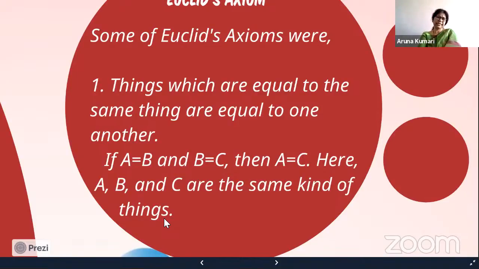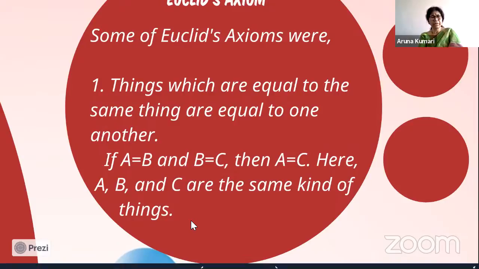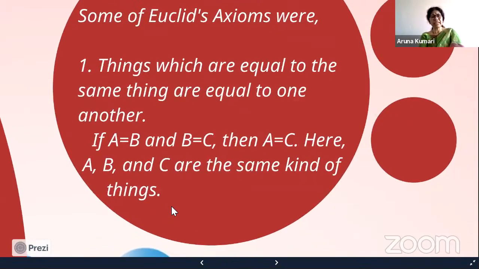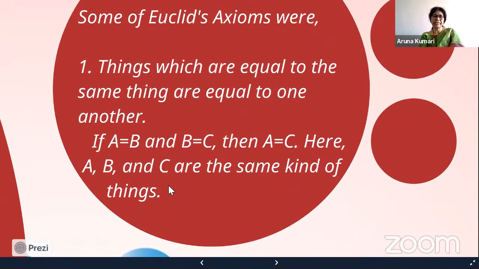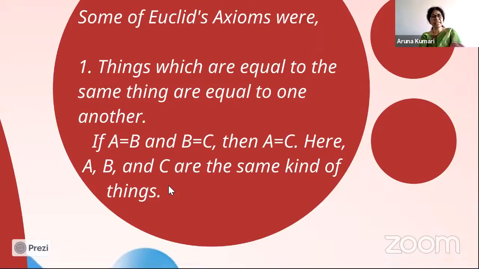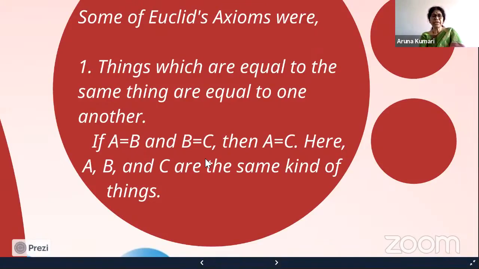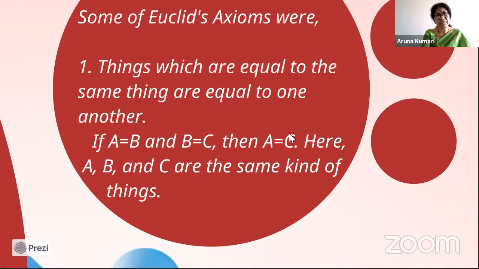You can take colors, people, alphabets, whatever it is. If two different things are equal to the same thing, then they should be equal. So this is the first axiom of Euclid. Okay, students?